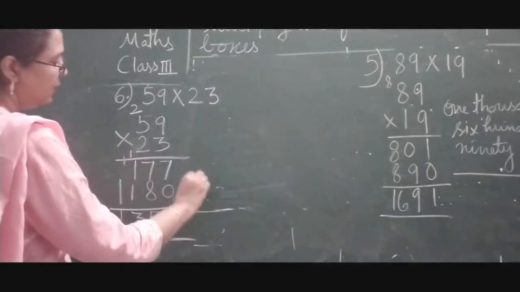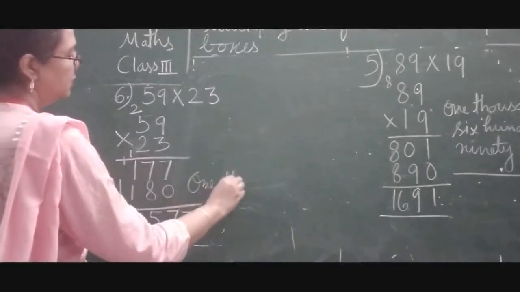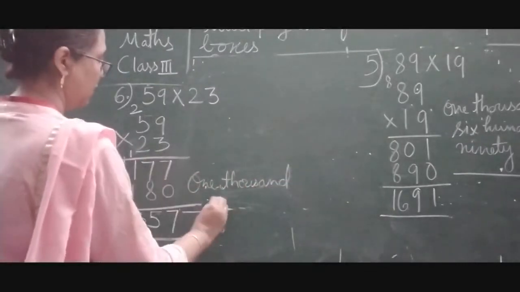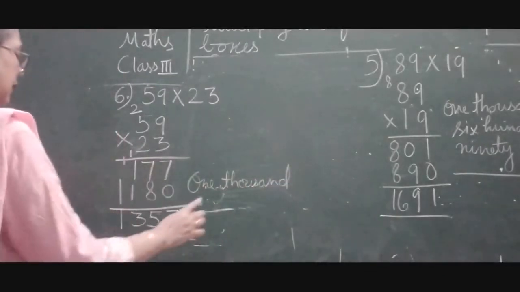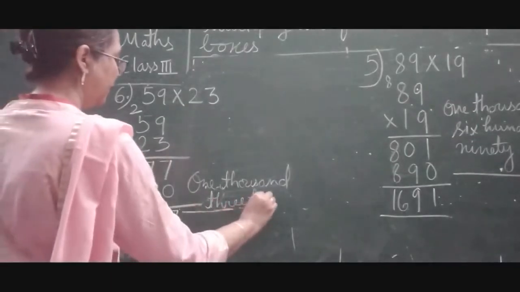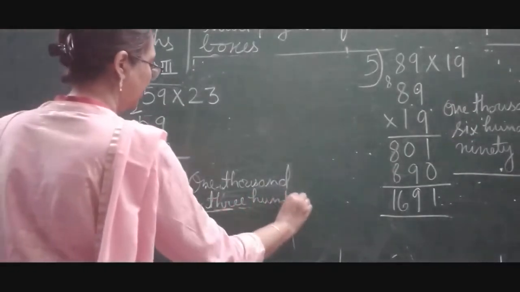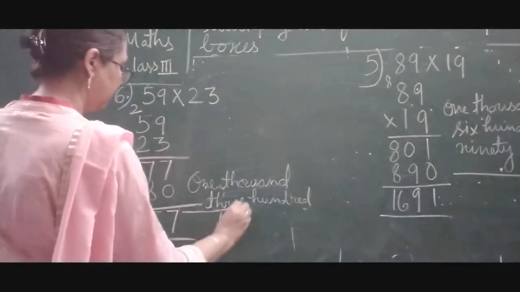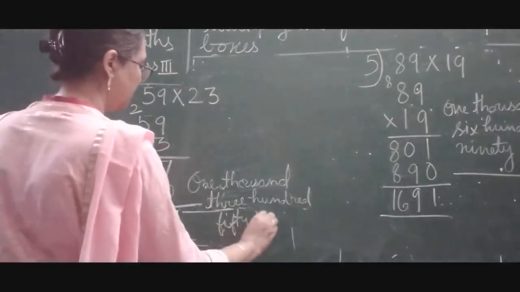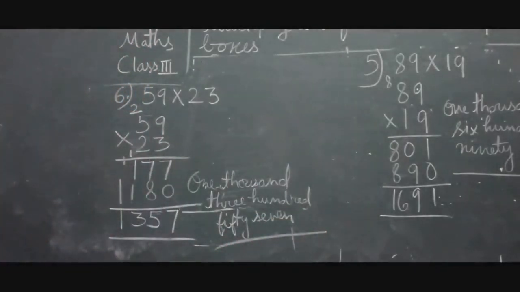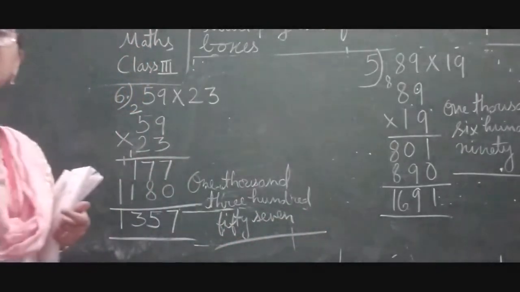We will write 1357, children. This is the answer.